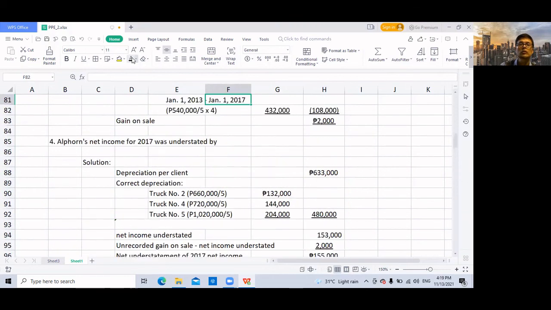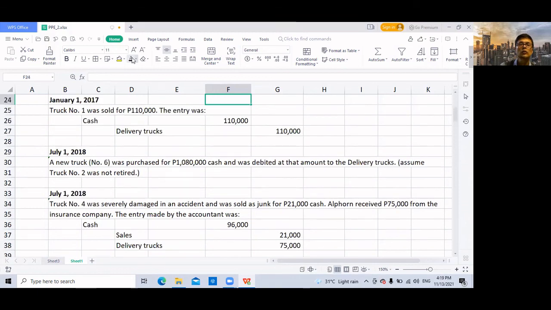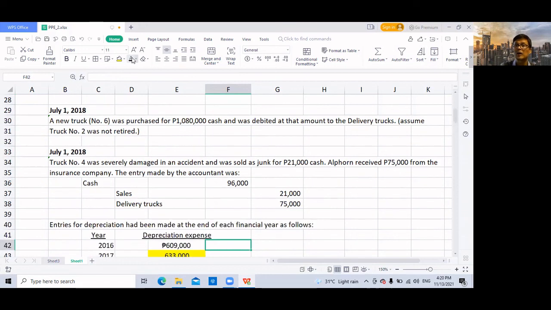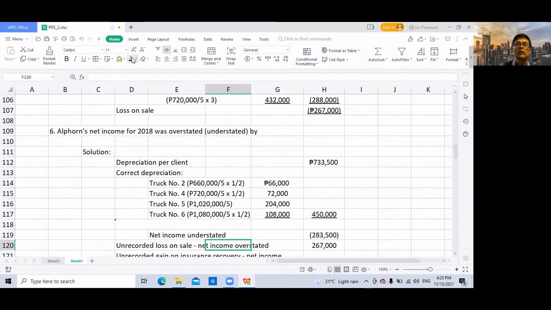Kasi kung yung number 6, kung titingnan natin dito sa taas, yung transaction dito was purchased noong July 1, 2018. So that was about half a year lang, from July 1, 2018 to December 31, 2018, that's only for 6 months. Kaya may mga fraction lang yung depreciation natin dito sa number 6. Itong number 2, since na-dispose siya half a year rin noong 2018, as well as yung number 4.